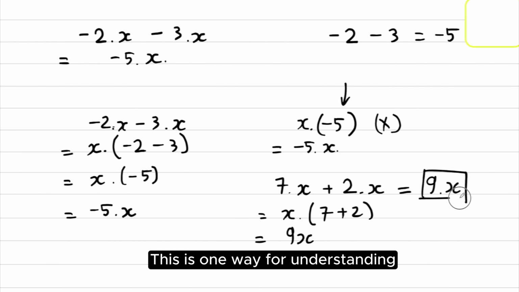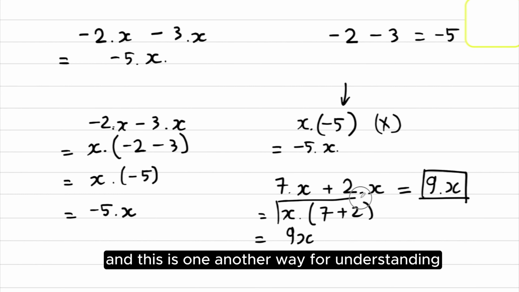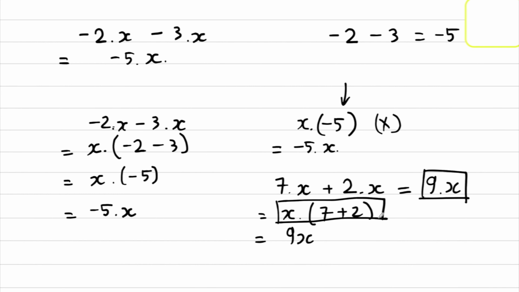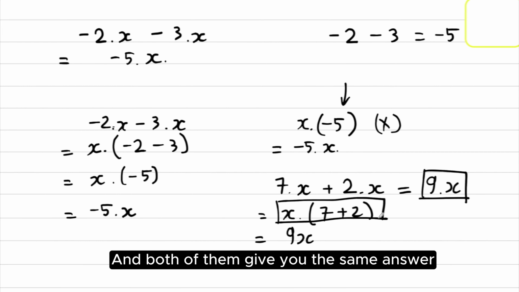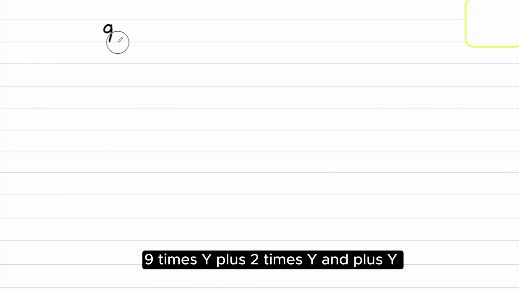This is one way for understanding, and this is another way for understanding, and both of them give you the same answer, so it doesn't matter which one you choose. Okay, a little bit harder for simplifying expression. You can see it like this: 9y plus 2y plus y.